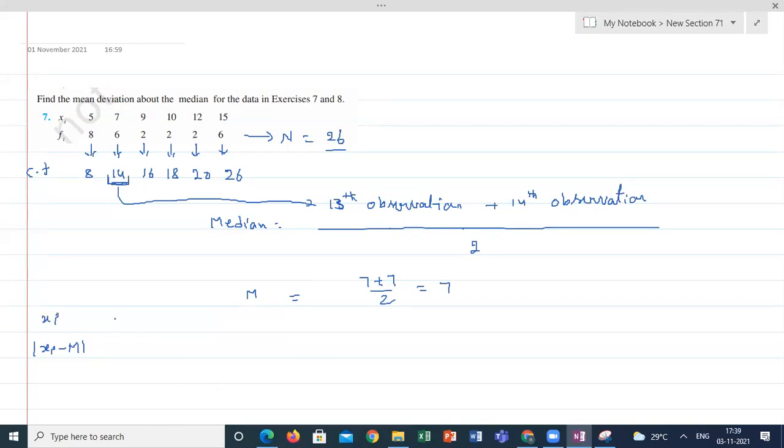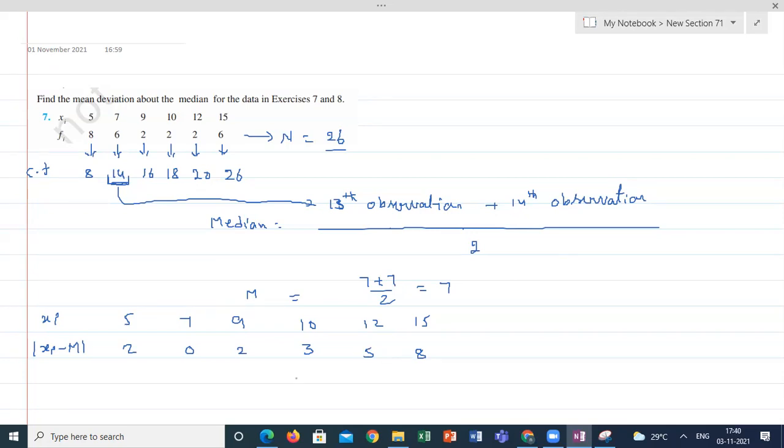The median value has come, and the xi values are 5, 7, 9, 10, 12, 15. So 5 minus 7 is 2, 7 minus 7 is 0, 9 minus 7 is 2, 10 minus 7 is 3, 12 minus 7 is 5, and 15 minus 7 is 8.